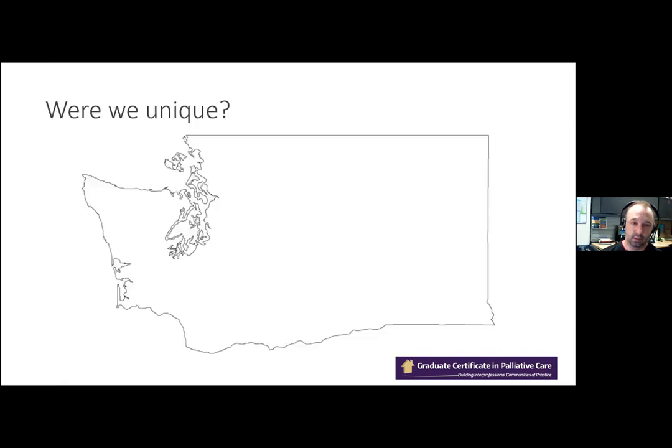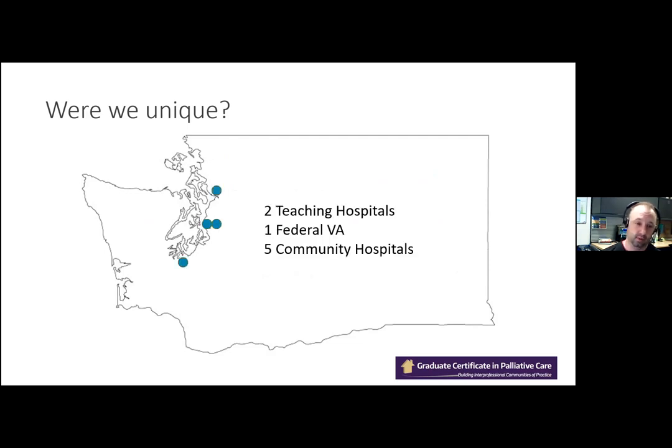But then the question came up, is this specific to the University of Washington? Is the University of Washington unique in that regard? We found actually that many of the other hospitals in the area had similar order sets. And it was the case for general floors as well as in the ICU for vent withdrawal.